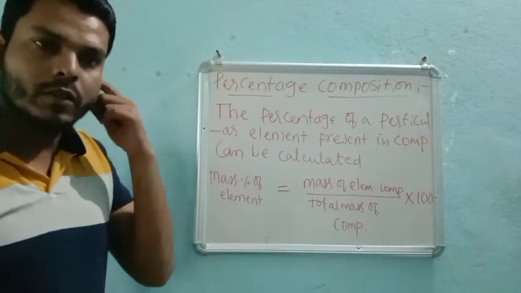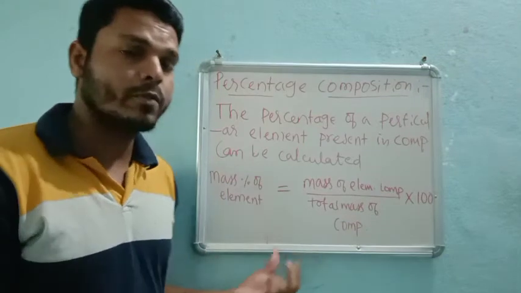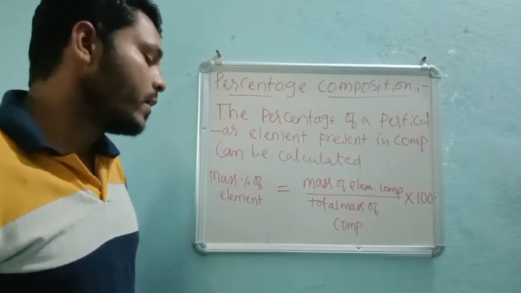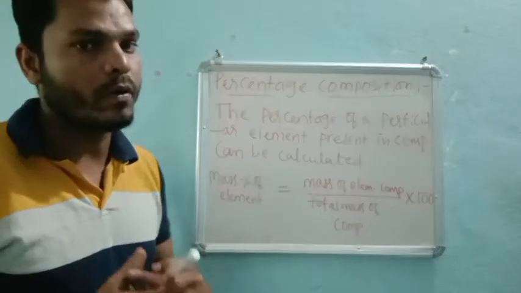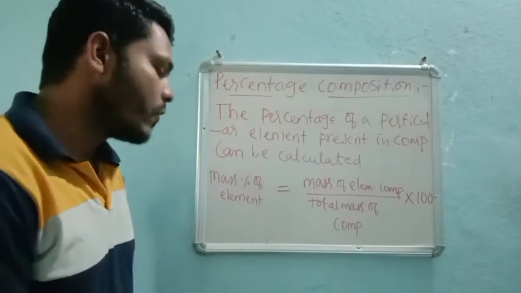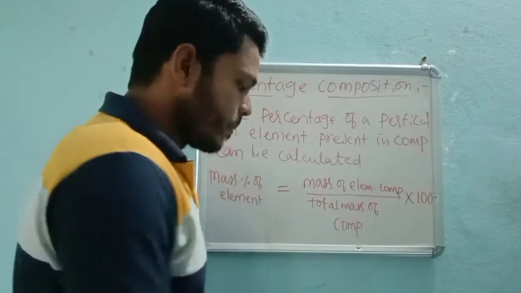Right? So this is our formula. With the help of this formula, we can calculate the percentage present in different compounds of any given element. So for this we will have one problem.